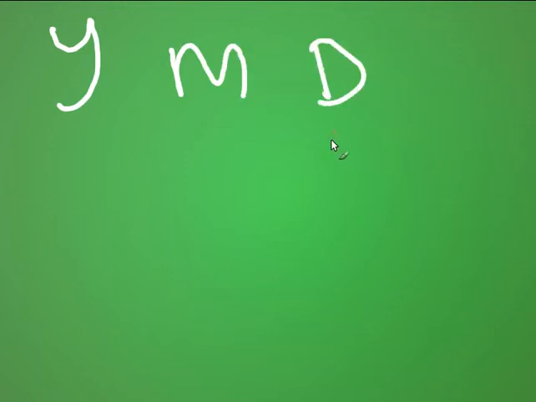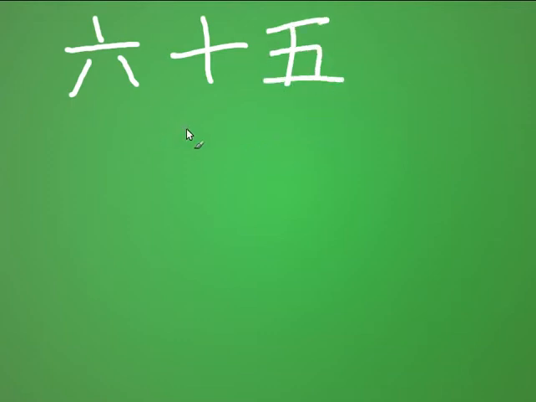Now, as for dates, in China and Japan, dates are written with the year, month, and day format. Now, last time I explained that if you wanted to write long numbers in Chinese or Japanese, you need to put, say, a number before a 10, and then after the 10, if you wanted to write a number like 65, that'd be 6, 10, 5.